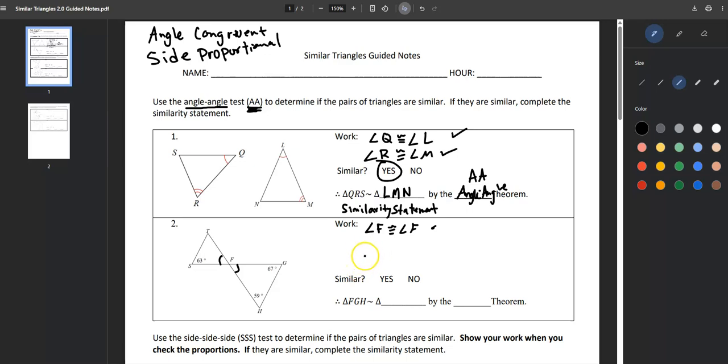So I'd say, no, they're not similar because of what I've been given. I don't have the right information. And if you ever do that on your homework assignment, we're just going to put NA and NA for both of these because they're not applicable at that point in time. Okay? So that's my angle.